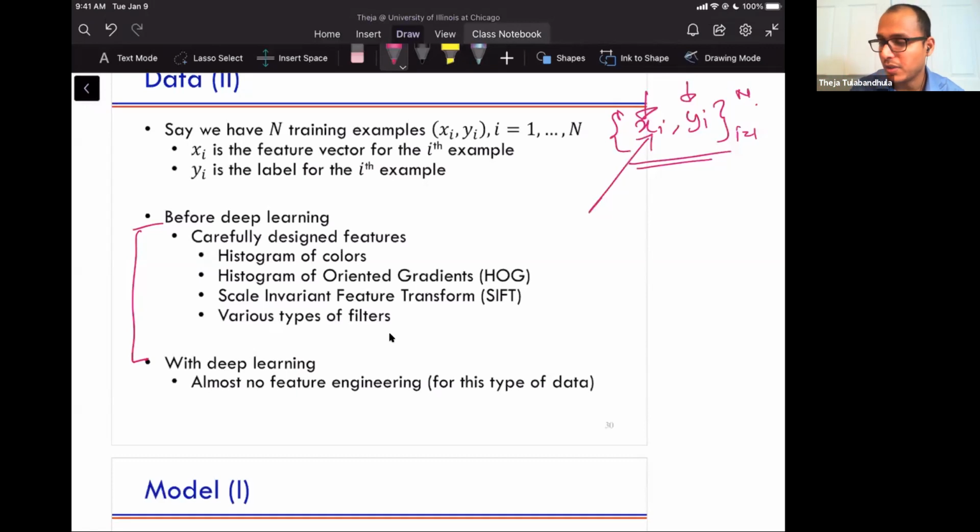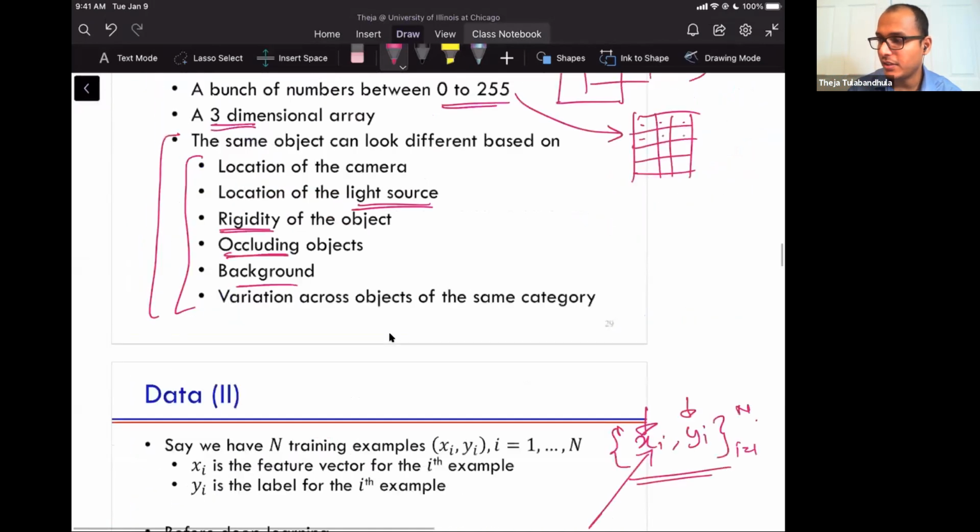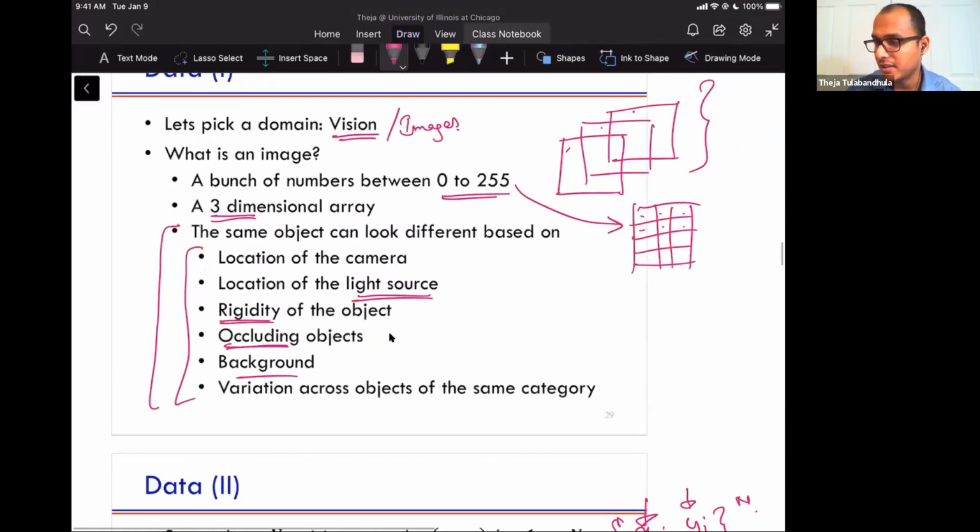So that is what you would typically do before deep learning, or actually, maybe 10 years ago. But these days, folks are not explicitly writing those transformations, going from an image to an explicit feature vector. They're directly feeding the image itself, that collection of 3 matrices, or it's called a 3-dimensional array.